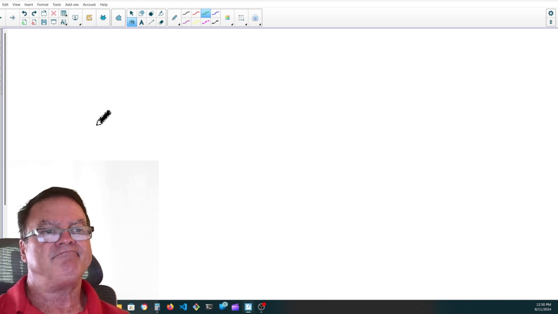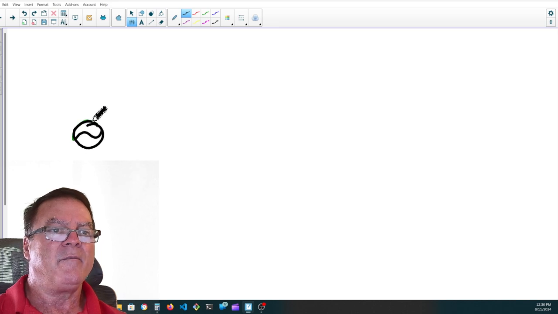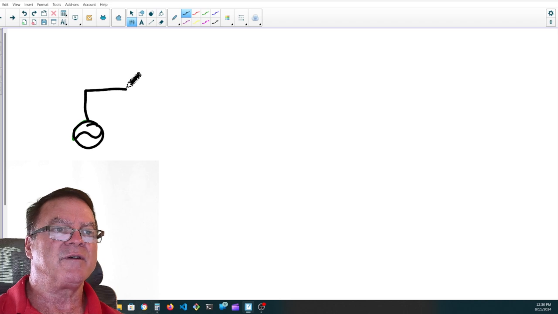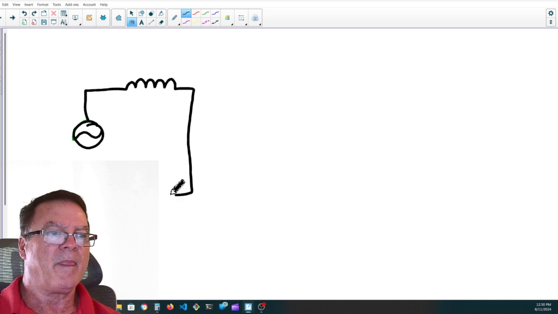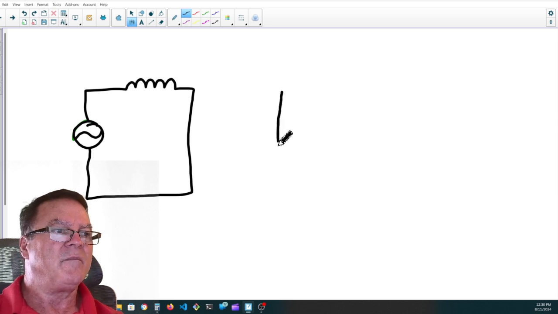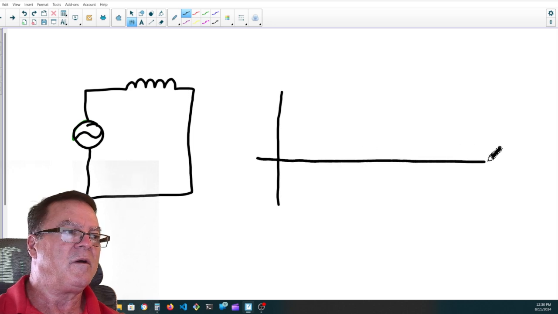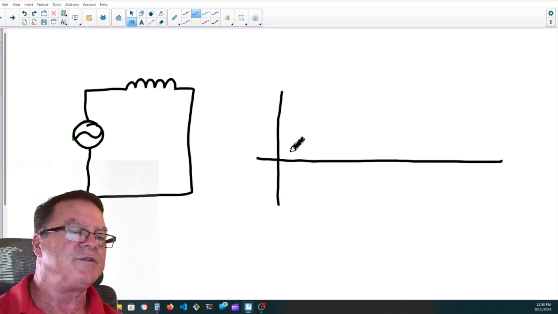Oops, wrong color. Let's do this here. Bear with me. I'm going to put an inductor here in this circuit. And remember, that inductor opposes a change in current. I'm going to draw this voltage.